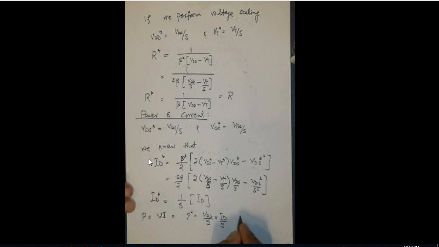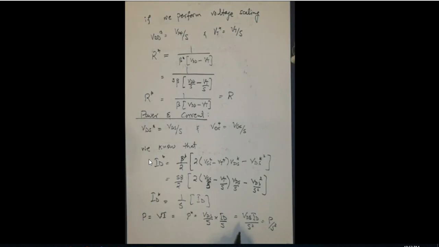And then we have VDS and ID divided by S square, and we can also write it as P by S square. It means that our power is reduced by a factor of S square.